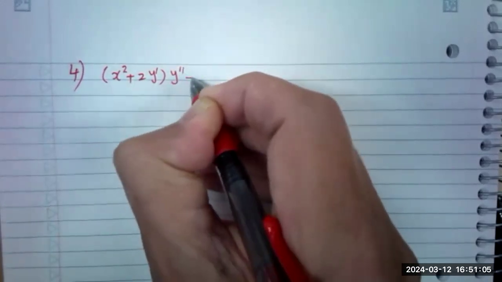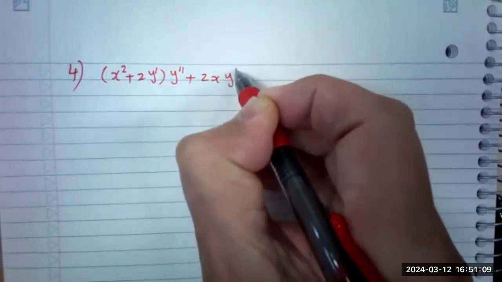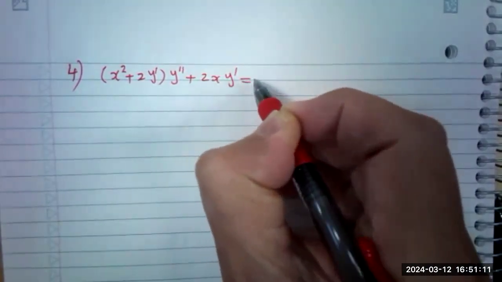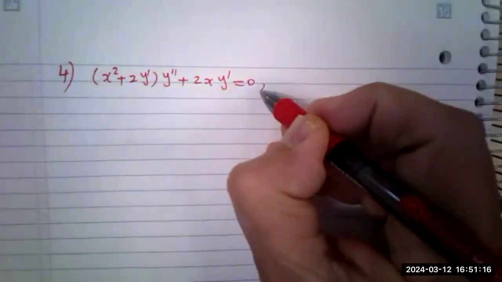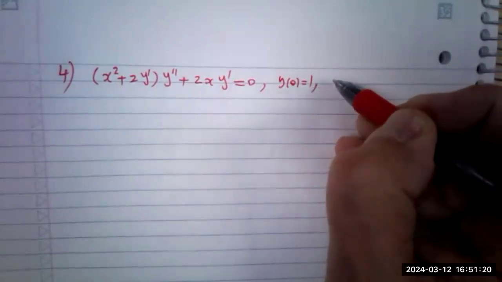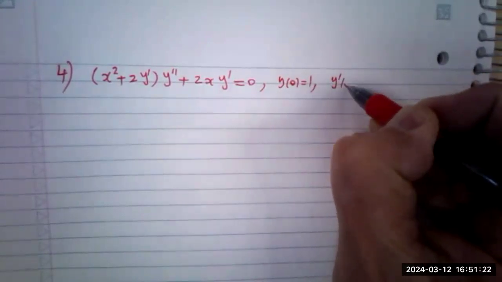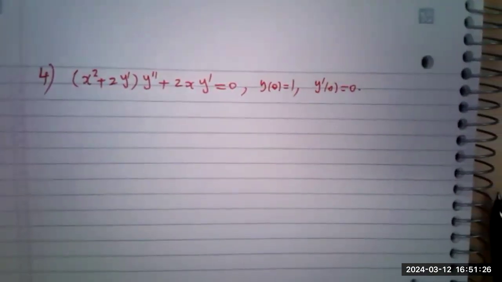That's why I put it here: x squared y double prime plus 2x y prime equal to 0. That's the equation. And we do have initial conditions: y of 0 is equal to 1, and y prime of 0 is equal to 0. Since you have two constants, they should give you two initial conditions.